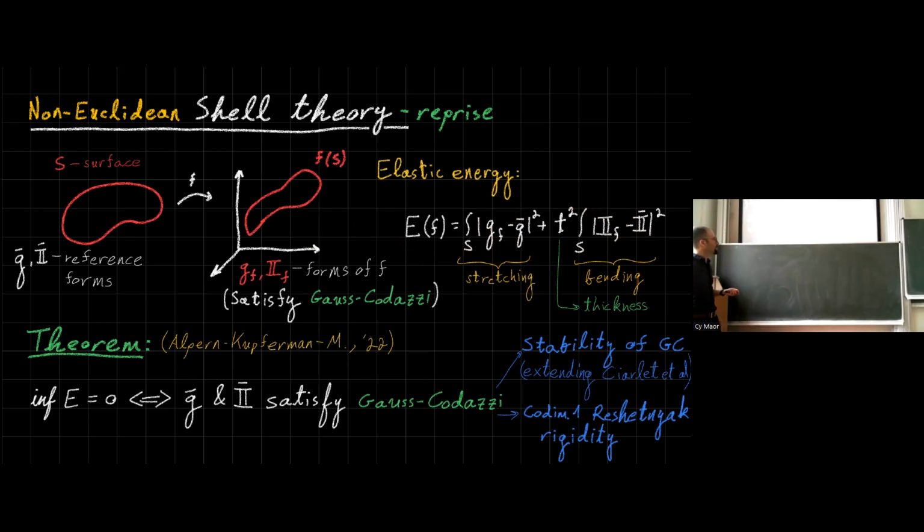Another way to think about this is if you're familiar with the Reshetnyak rigidity theorem, this is a codimension 1 version of it. And you can ask, okay, I wrote infimum here, then what exactly is the space that I'm working on? And it's basically the largest space on which this energy is defined.